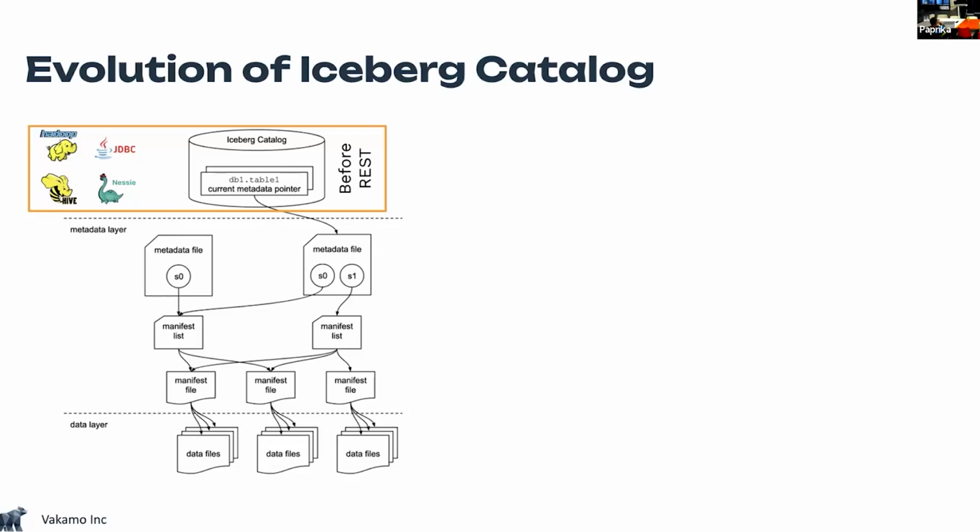The challenge was, on the other end, for every client, for every Spark, for every Python, for every Trino, to implement this catalog, because they all have spoken like different languages. You know, like right now we speak like English, everyone understands. But in that case, it was like everyone was speaking different language. It was super hard to drive the adoption.